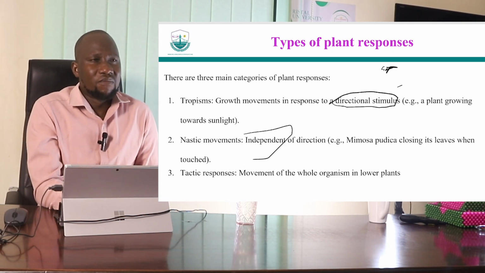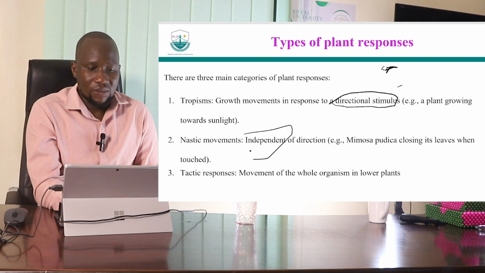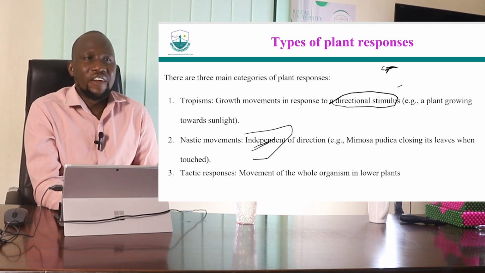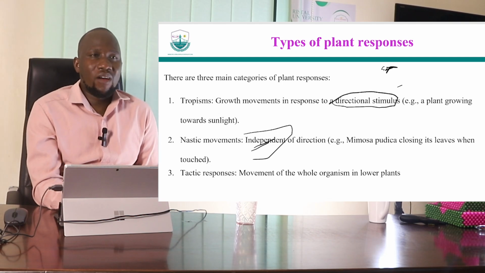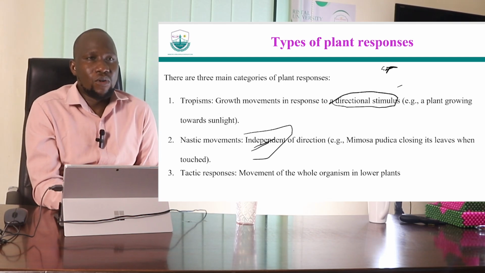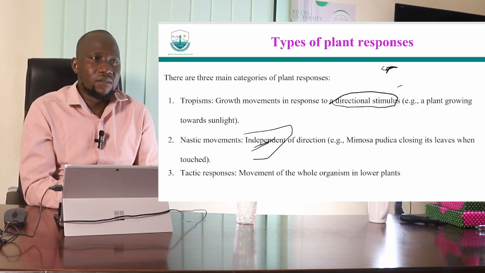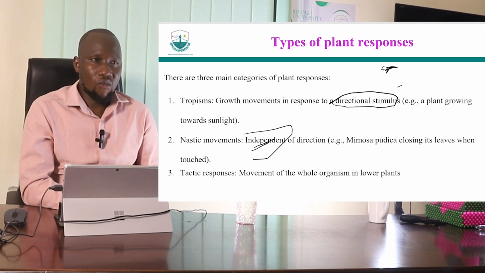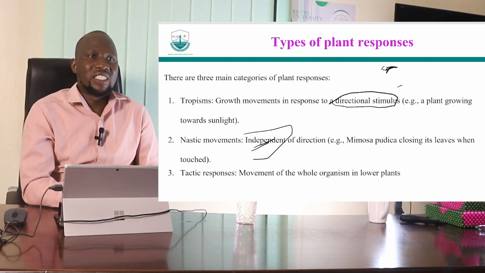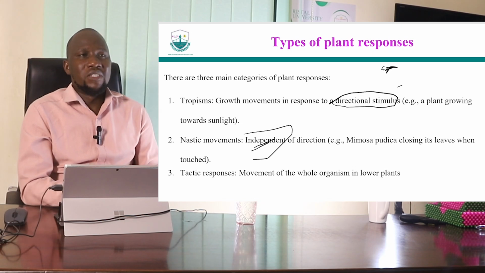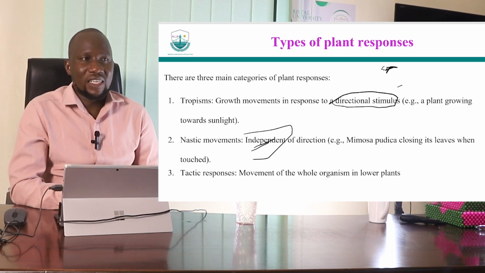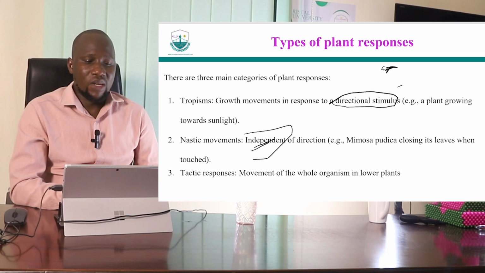The response is independent of the direction of the stimuli. So we have a plant, for example, called Mimosa pudica. When you touch this plant, it folds the leaves. The leaves fall. So it doesn't matter where you have touched it. Okay, it will just fold. So that is an example of a nastic movement.